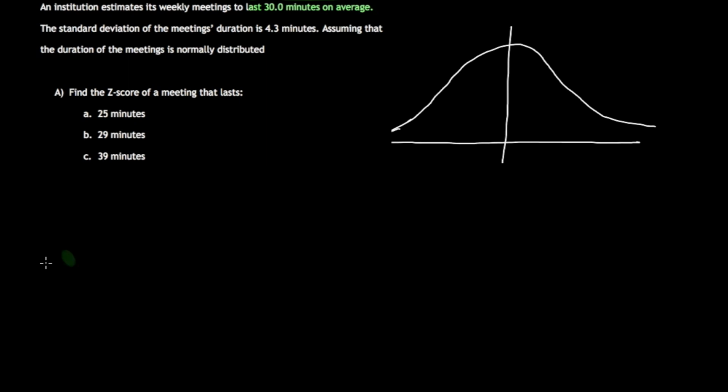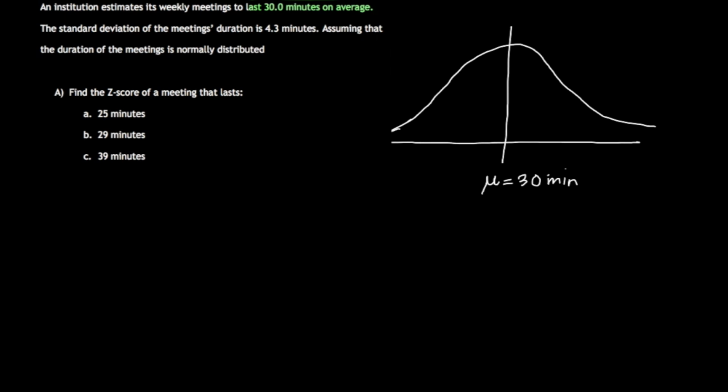So let's draw that in our bell-shaped curve. We know that the mean is 30 minutes. We can even put the minutes in.